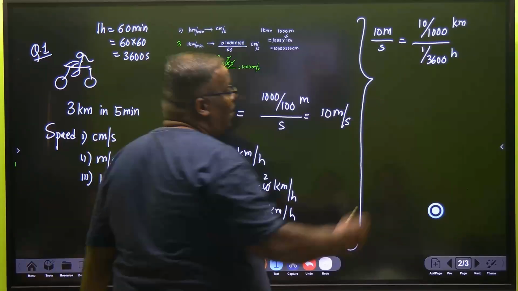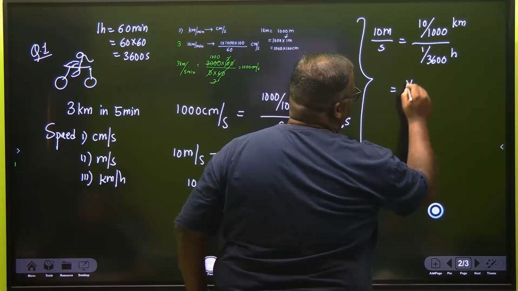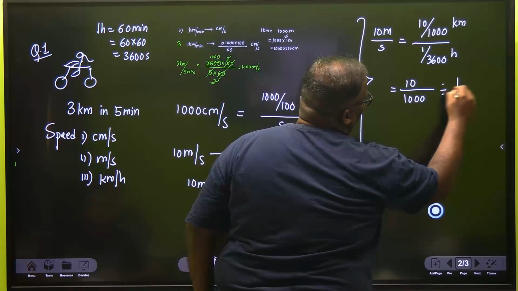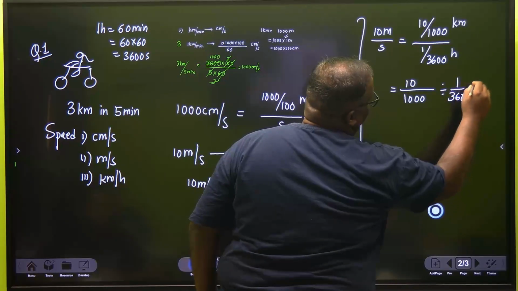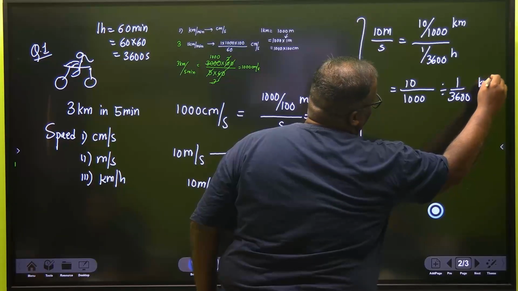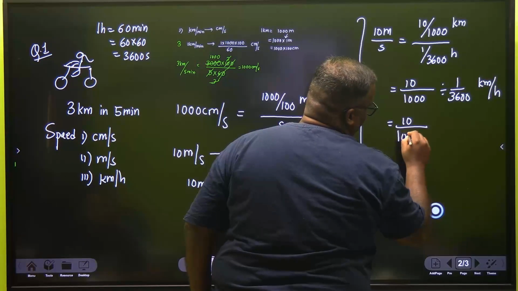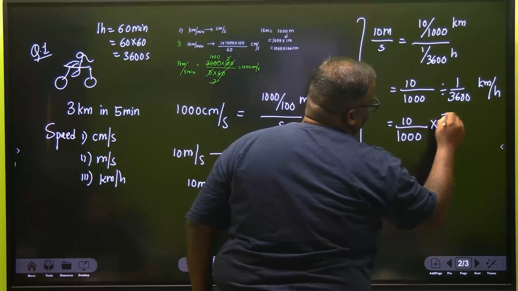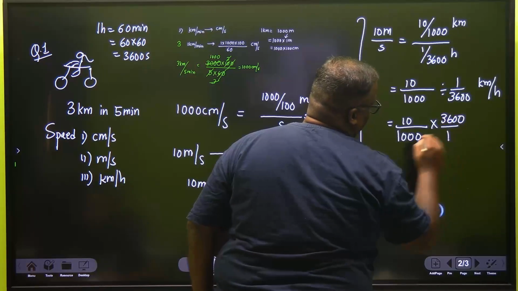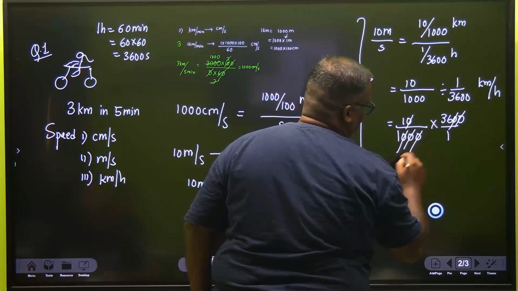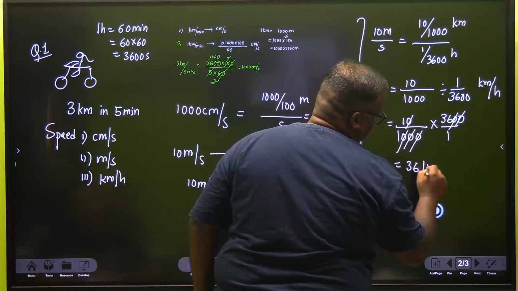Now we will apply our rational number knowledge. 10 by 1000 divided by 1 by 3600. So let's do it again. 10 by 1000 multiplied by 3600 by 1. Cancelling the zeros gives 36.